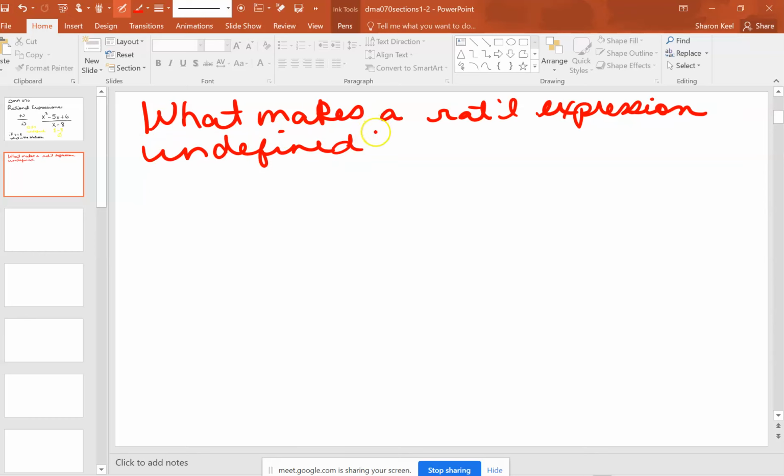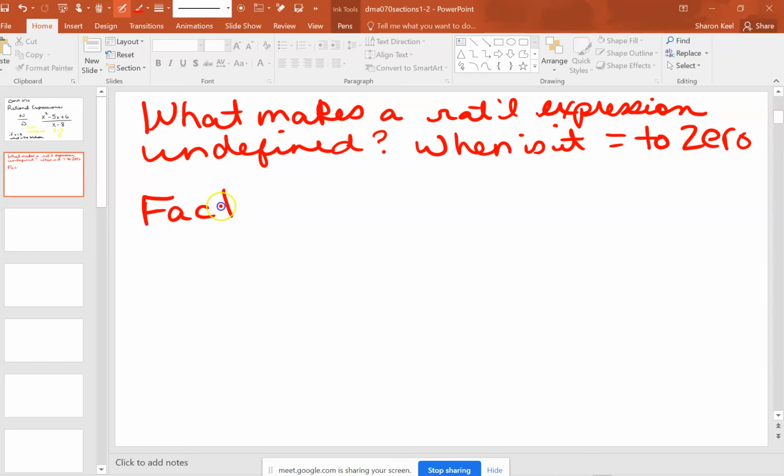So what makes a rational expression undefined means when is it equal to 0? All you have to do is factor the denominator only.